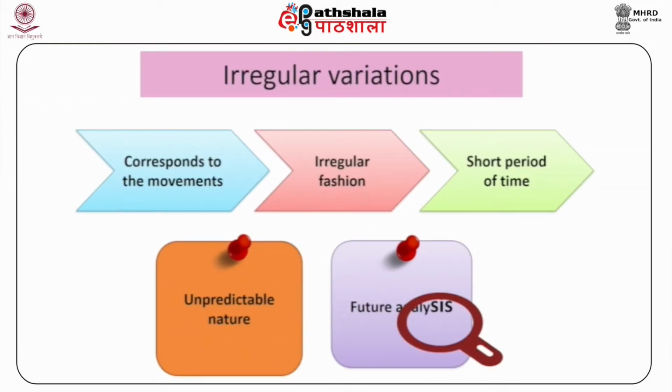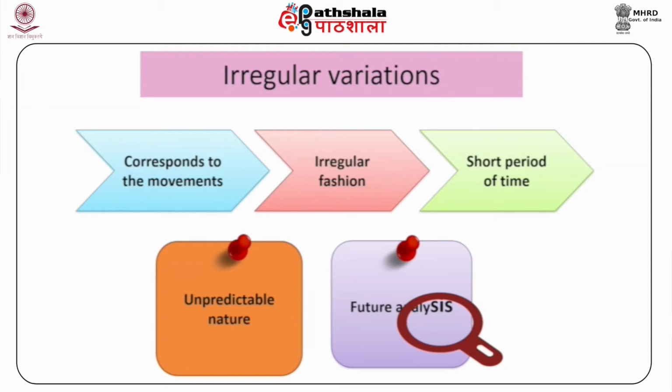Irregular variations or random variations are those which correspond to the movements that appear in an irregular fashion, usually during short periods. These variations are characterized by business activities which do not repeat themselves in a regular pattern.